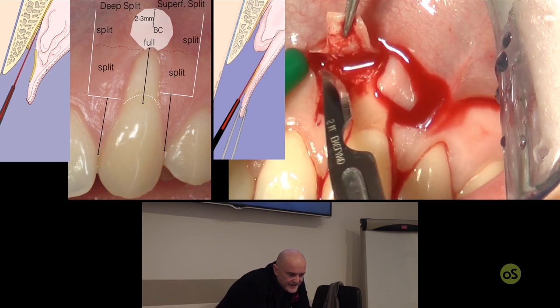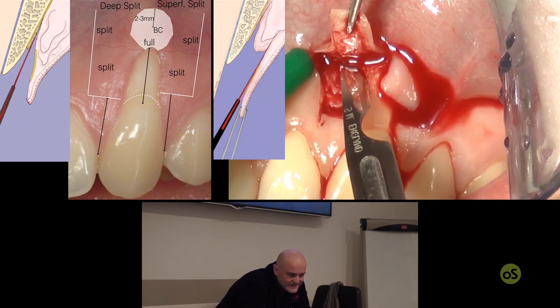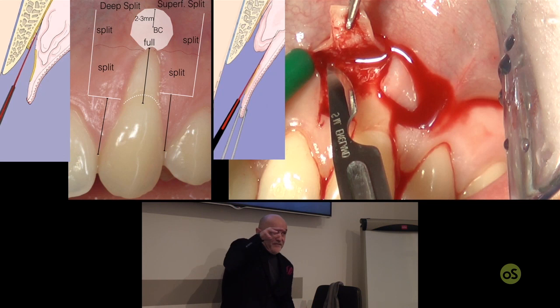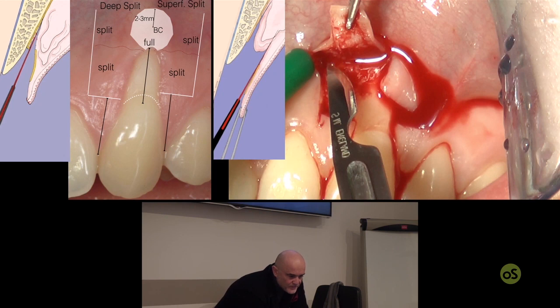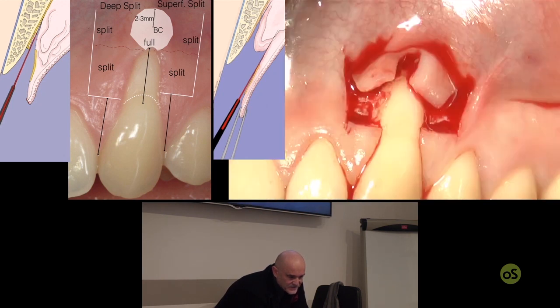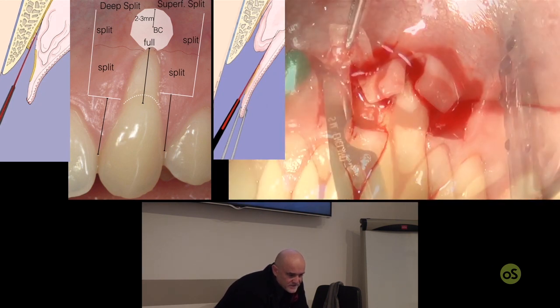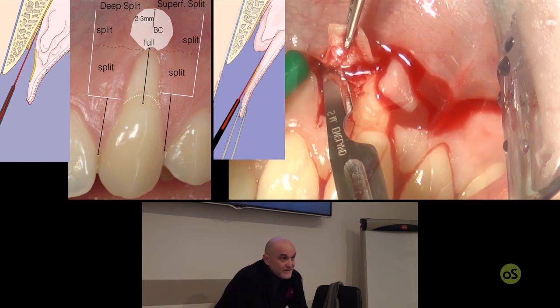and I go apically until I see that there is enough detachment of the muscles from the alveolar mucosa. This is the muscles. Few minutes ago, the muscles were completely attached. Look, first of all, you see the muscles completely attached to the periosteal bed.